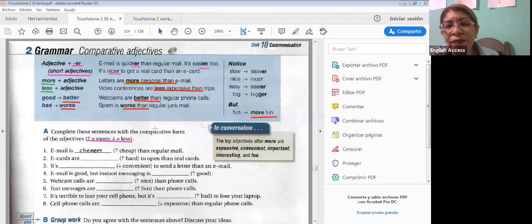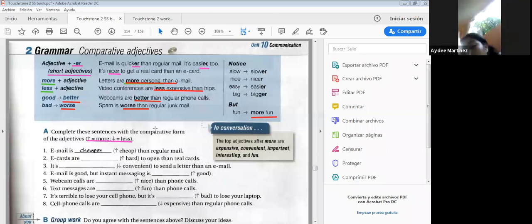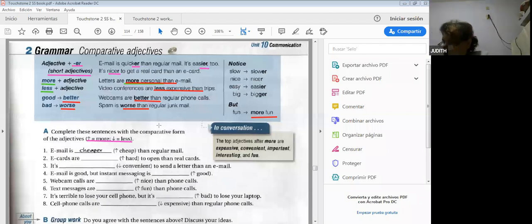Julio, number 7. It's terrible to lose your cell phone, but it's worse to lose your laptop. Yes. And number 8, Judith. Cell phone calls are more expensive than regular phone calls. More expensive.